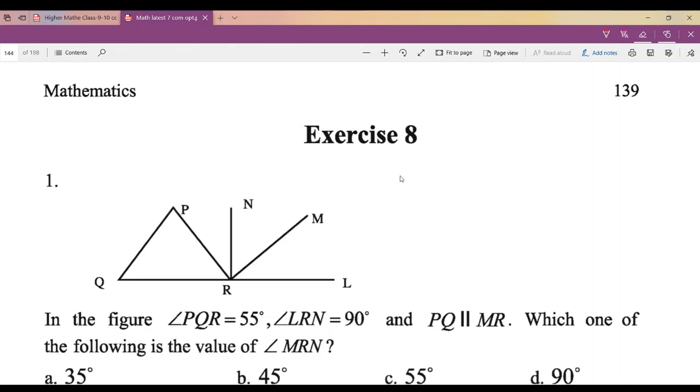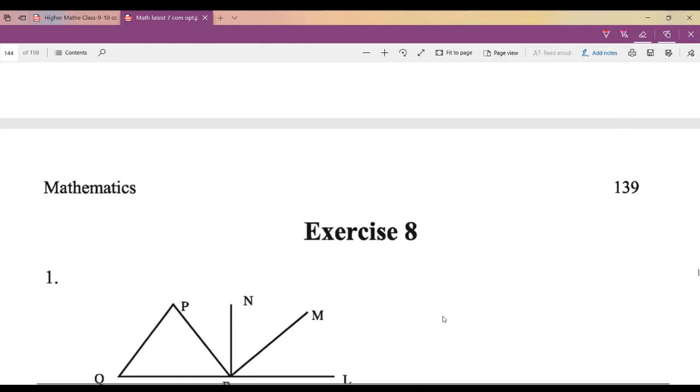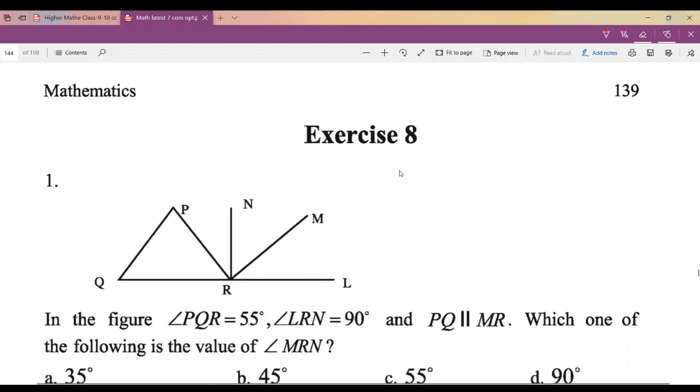Now open your book at page 139. Exercise 8, Question 1.